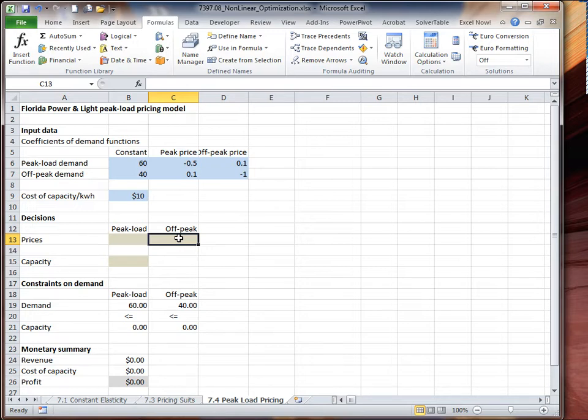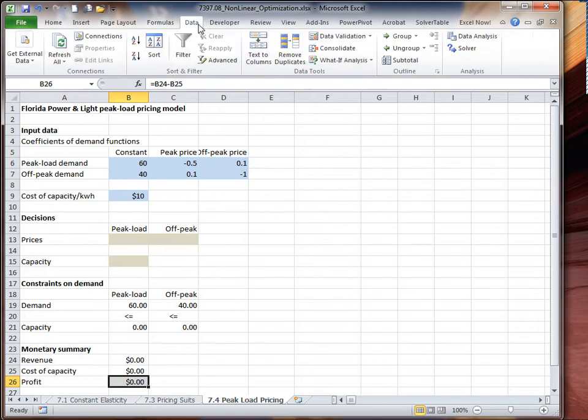We're already given the relationship between demand and price. So at the end of the day, it's just simply a matter of picking the right decision variables. So let's go ahead and do that.